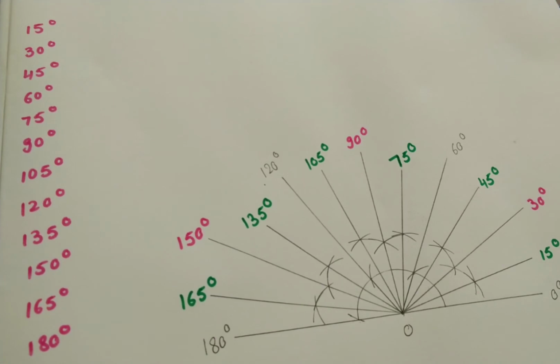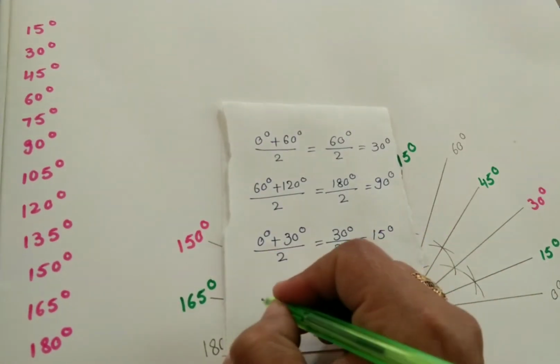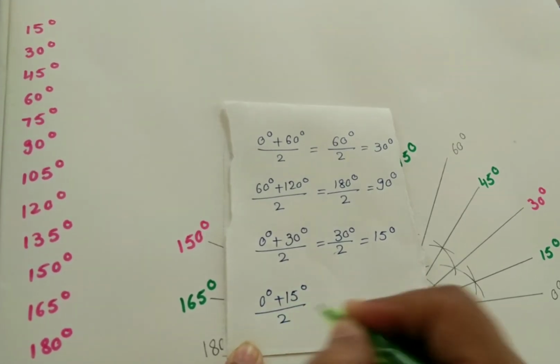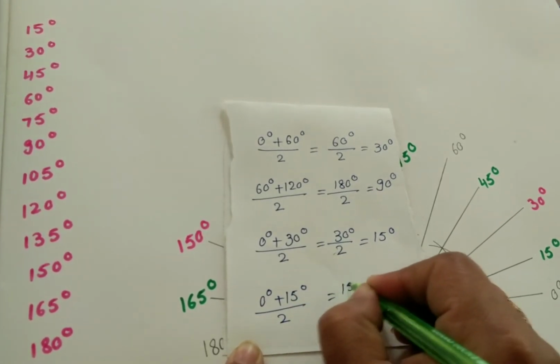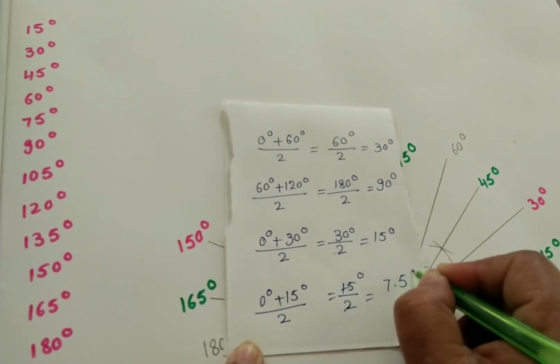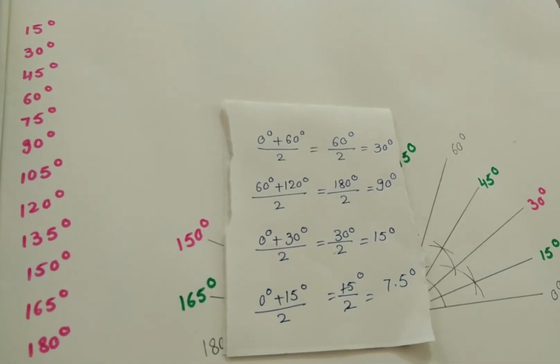And if you want to draw in between two angles, 0 degree angle and 15 degree angle, then the in-between angle is 0 degree plus 15 degree divided by 2, which is equal to 15 by 2 degree, which is equal to 7.5 degree angle.